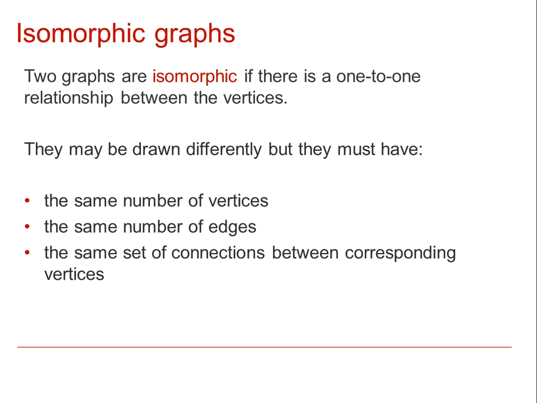They should have the same number of vertices and these should be the same order. The same number of edges, and those edges should be joining corresponding vertices. So that's quite important. It's not just a case of the total numbers, but that they are exactly the same in terms of their connections.